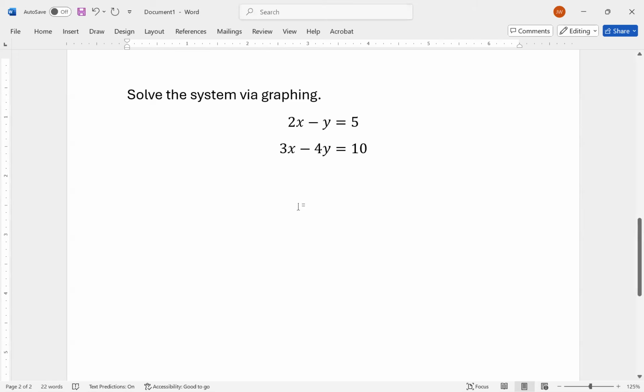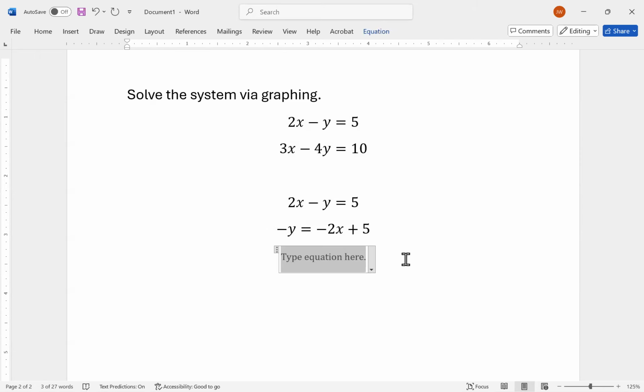Usually if I graph by hand, I like to write out these equations in slope-intercept form. So for 2x minus y equals 5, I would rewrite that by subtracting 2x from both sides and then dividing by -1.